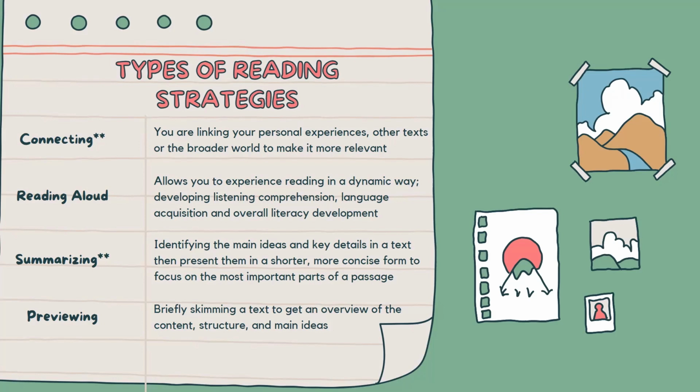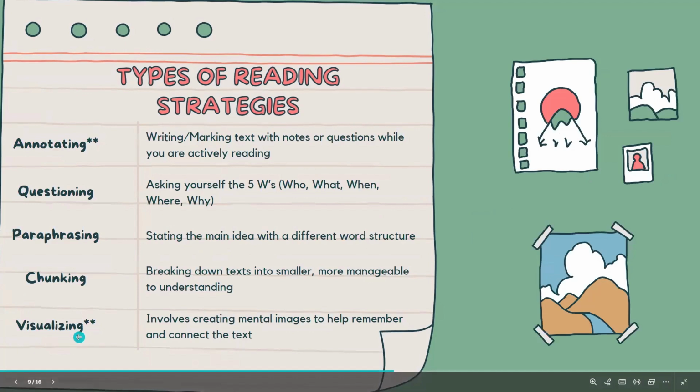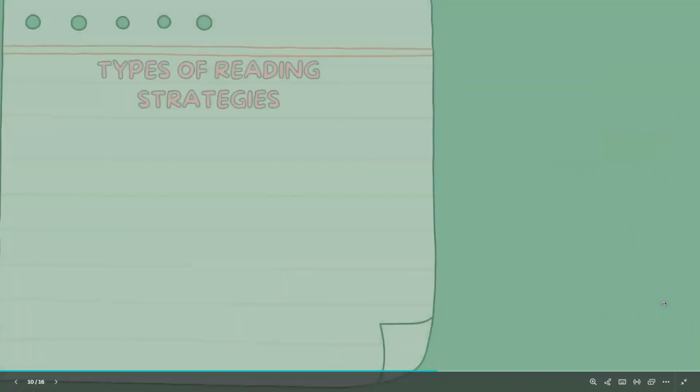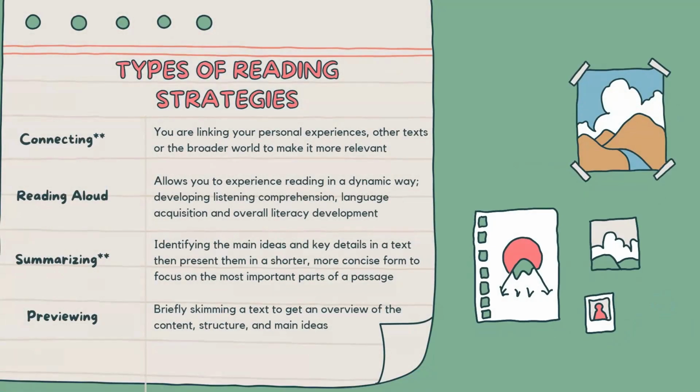Summarizing is also a really important and a really well-known reading strategy. As I mentioned before, actually, let me go back here real quick. If you remember, I mentioned visualizing. Summarizing can be a bit of visualizing, because you are taking a lot of the text that you have and you're taking all the main ideas and the key details and you are quite literally summarizing it for yourself.